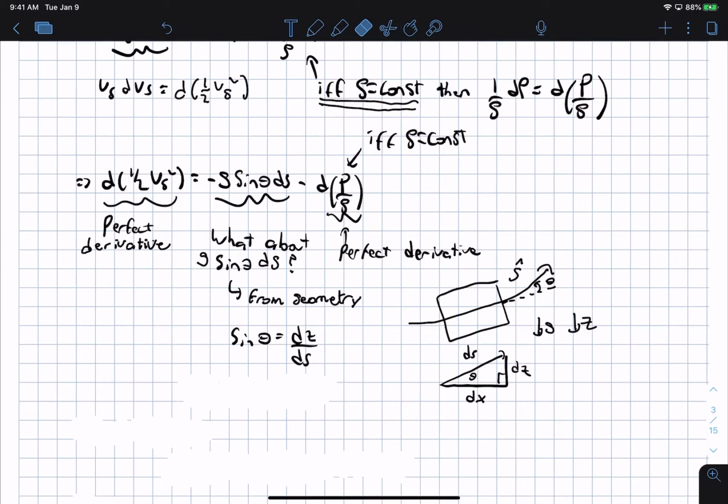So then here we have a sine theta ds, and we can multiply both sides by ds. Then sine theta ds is nothing more than the change in the elevation. It is nothing more than the change in the elevation.